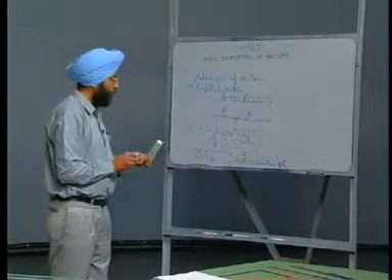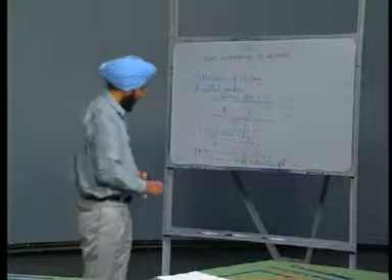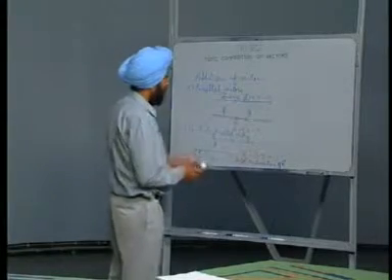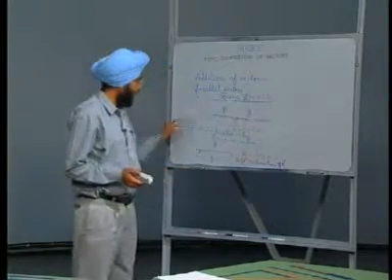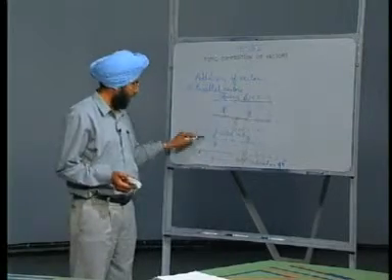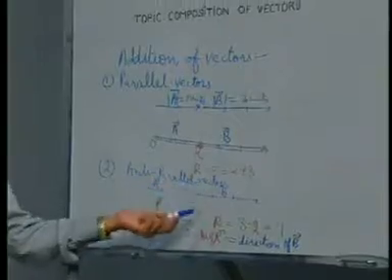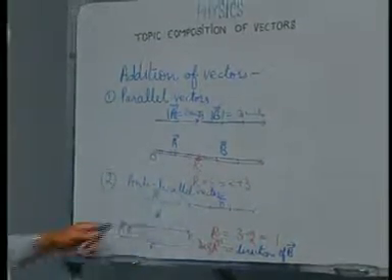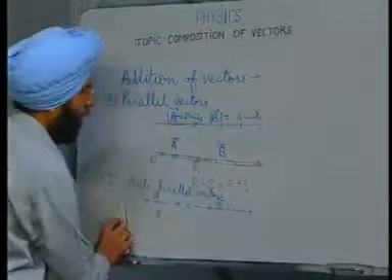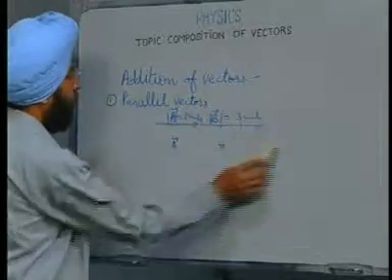Because B has larger magnitude. So, when we are to add parallel or anti-parallel vectors, we can use simple algebra, 3 plus 2, 3 minus 2, to find the magnitudes.